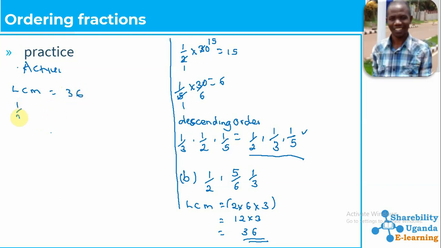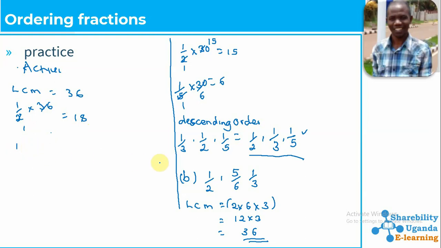You say 1 out of 2 times 36. Then we should also be able to get an answer here. What is 1 by 2? How do we get 36 by 2? 36 divided by 2. We shall be able to get our answer here as 18.